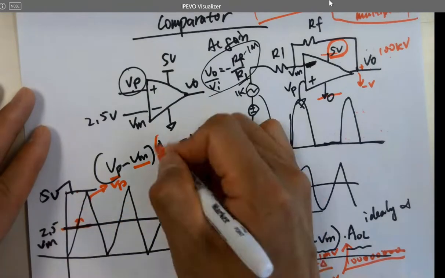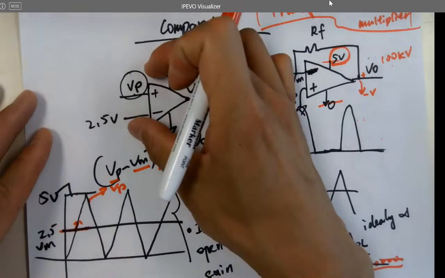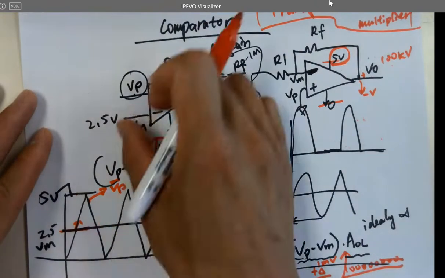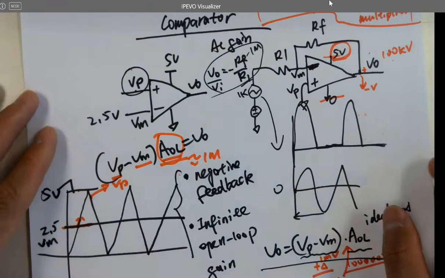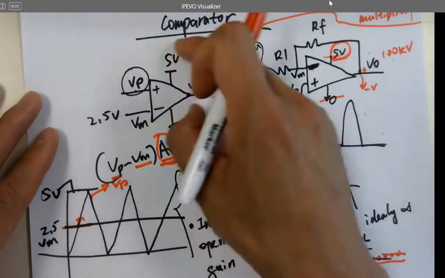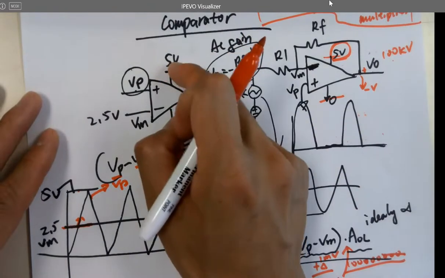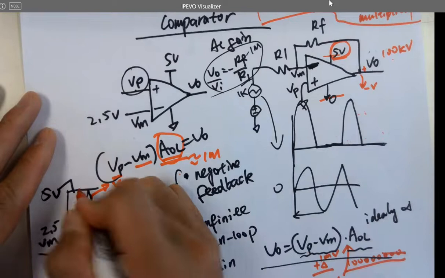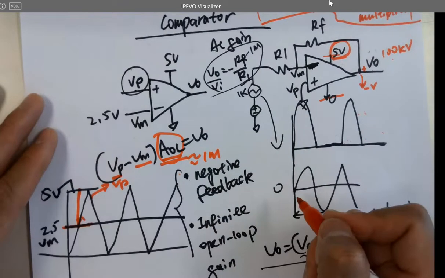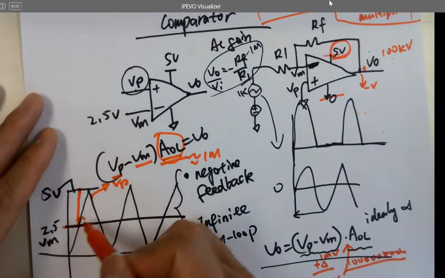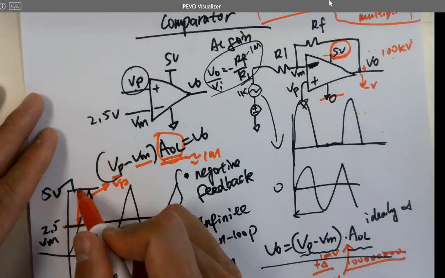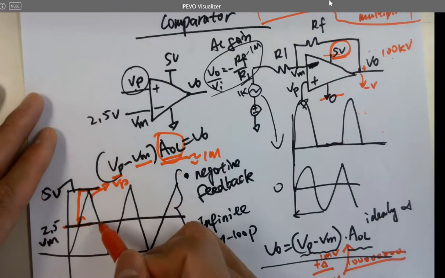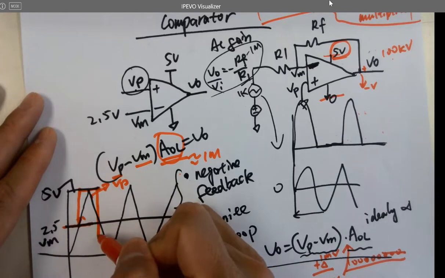Why? Because you have a very large open loop gain. The open loop is not closed loop. You have a huge open loop gain here. But because you don't have 1,000 volts, it's going to reach 5 volts very quickly. And whenever VP is larger than VM, it's going to maintain that, until VP is slightly smaller than VM, and it's going to pull it to where?